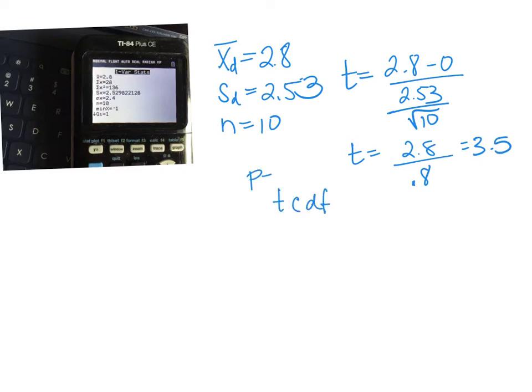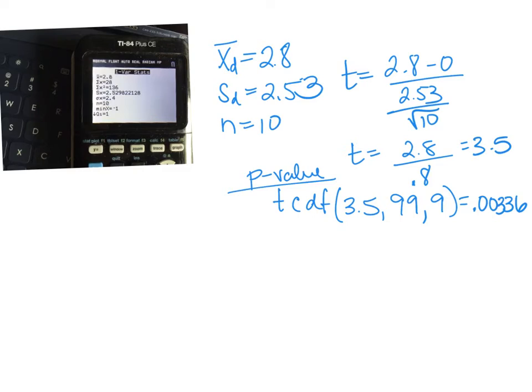Remember, this gives me my p-value from the tcdf. 3.5, 99, 9 degrees of freedom. So 3.5, 9 degrees of freedom gives me 0.00336.